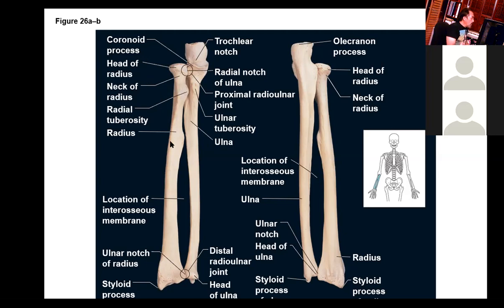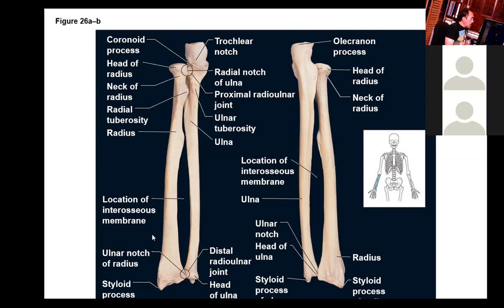For the ulna, there's nothing much that you can actually see, even on the midshaft. But on the radius and ulna, at the distal end, you can actually see the styloid process. So who has the lateral styloid process? If you take a look, the radial bone is wider on the distal end. That's another clue. The radial bone is wider on the distal end compared to the ulna, which is narrower.